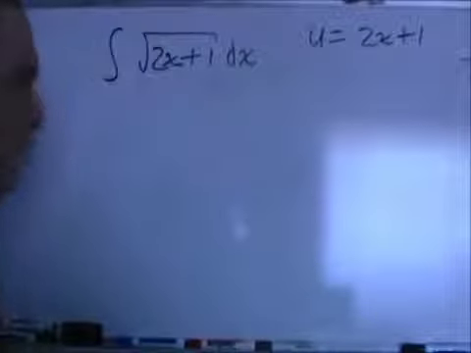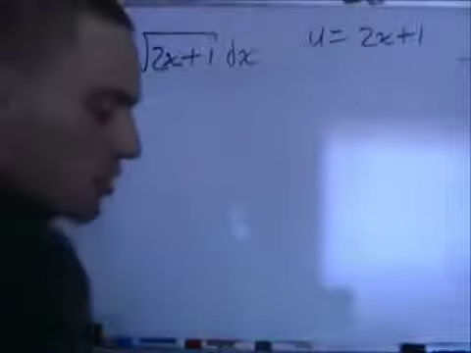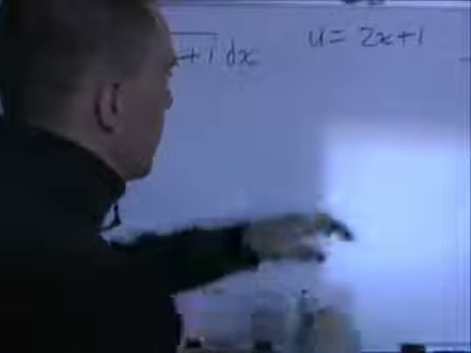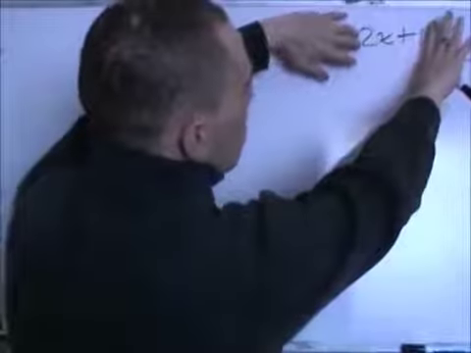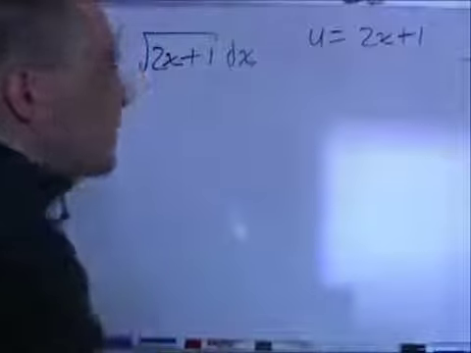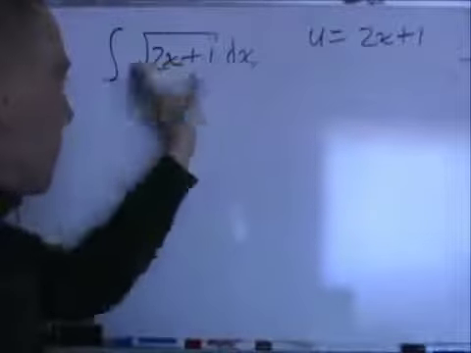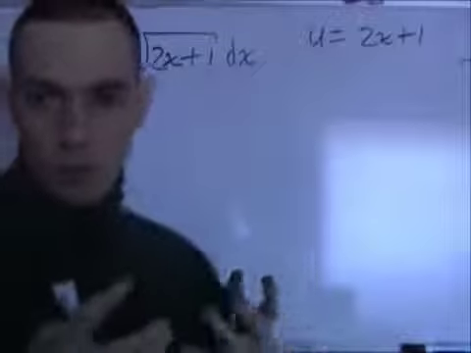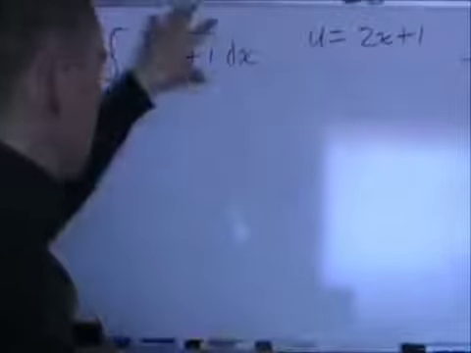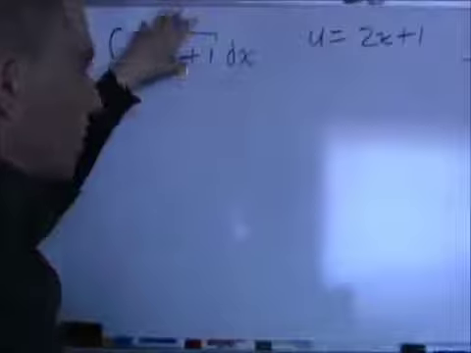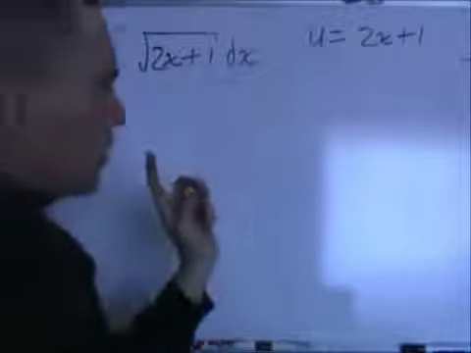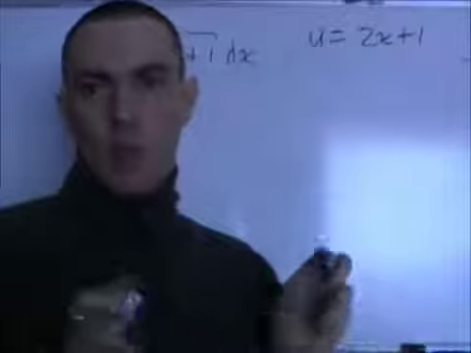Because I'm thinking chain rule, it follows that the question I need to ask myself is, the function I just chose, is a portion of its derivative floating around anywhere else in the integrand? Apart from where I'm just choosing it from. So in this case, apart from the radical here. And that's without paying attention to a constant function.